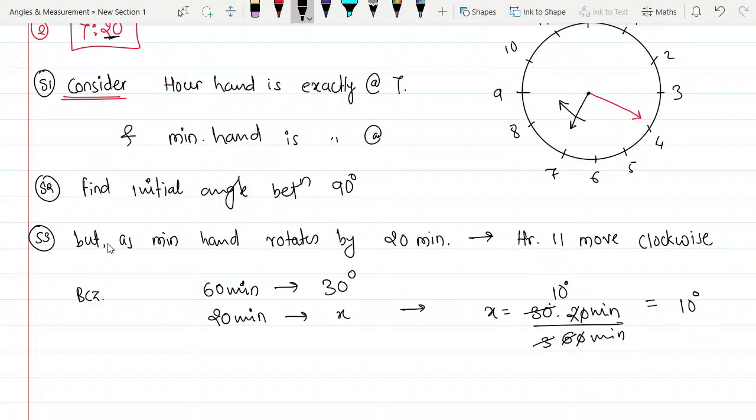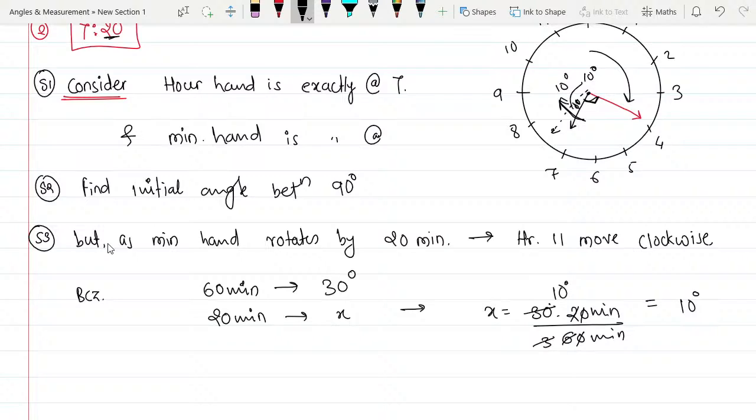When this minute hand moves from 12 to 4, this 7, that is R hand, will move by 10 degree in this direction. Originally it has 90 degree in between them. Now how much angle you will have here in between these two? हा समोर 10 डिग्री पास्ट झाला. This is what we have the 10 degree, extra 10 degree. म्हणजे हा 90 मध्ये तुम्ही 10 डिग्री ऍड करणार का?